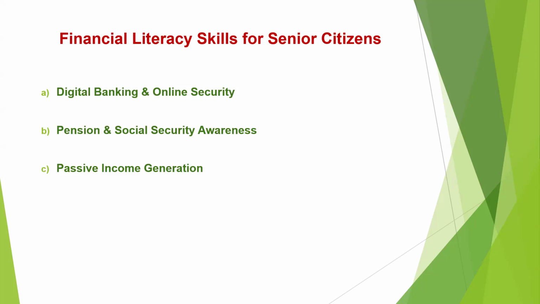Passive income generation is basically, as far as seniors are concerned, they are getting passive income only, as they can't actively participate. But some people still can participate and earn money. Other people depend on passive income. Sometimes it is investment income, sometimes rent income, sometimes their children's help. How to manage this and how to plan this is the important thing.